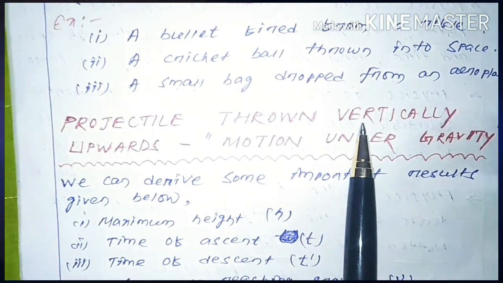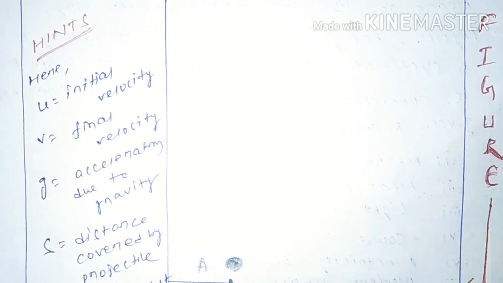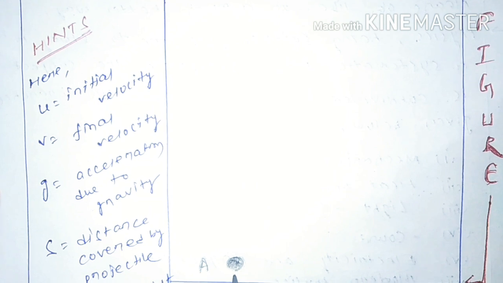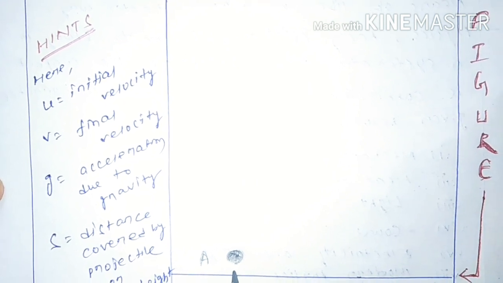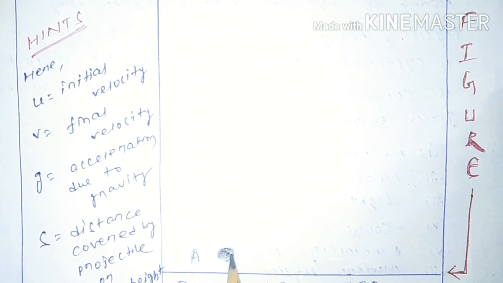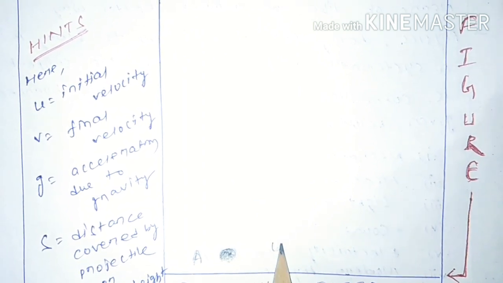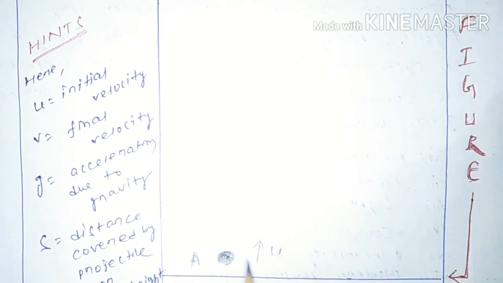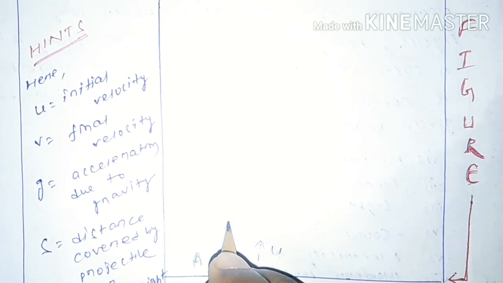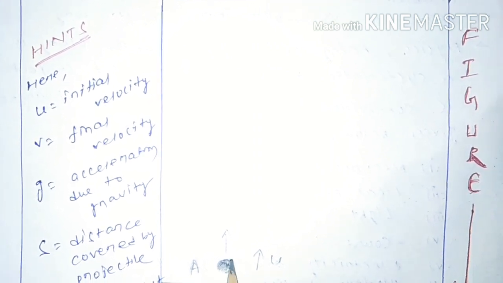Projectile thrown vertically upwards, or motion under gravity. Let us consider a projectile. This is our projectile. Consider a projectile thrown from A with a velocity u, the velocity of the projectile, in the vertically upward direction.